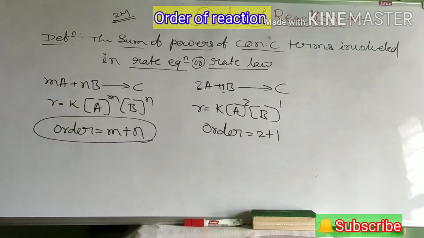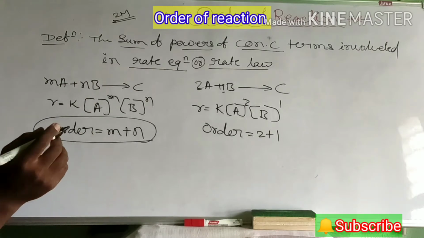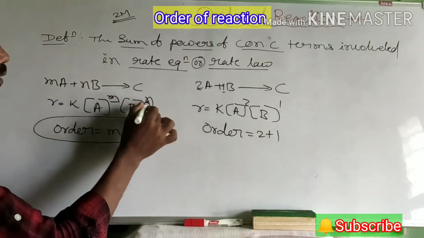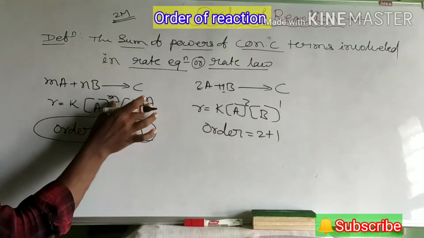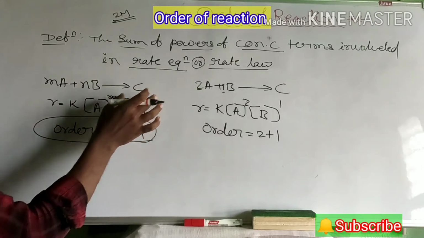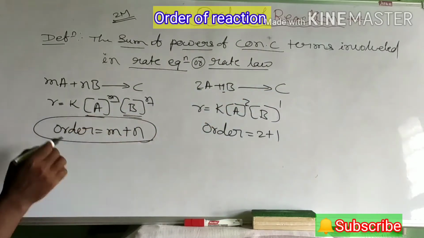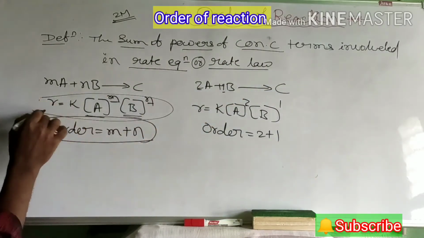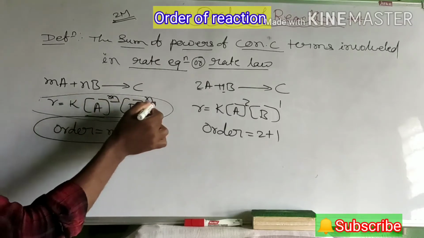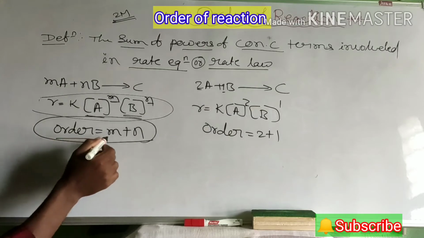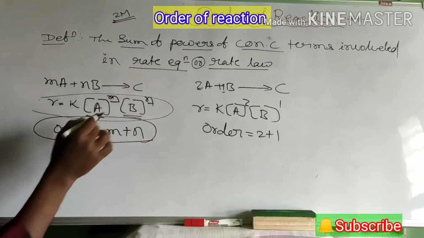Order of the reaction is defined as the sum of the powers, these two powers m plus n, of the concentration terms involved in the rate equation. This is the rate equation or rate law. The sum of the powers of these two concentration terms is called the order. What is the order? m plus n.